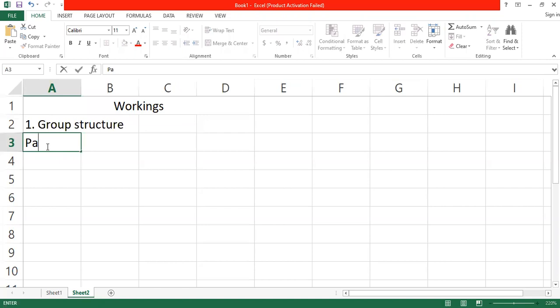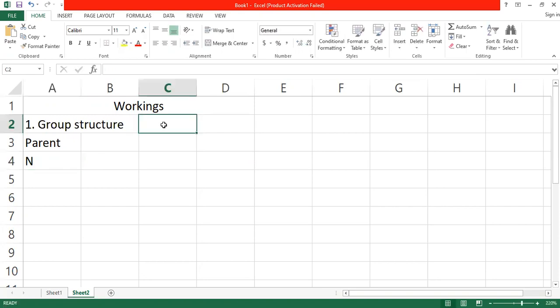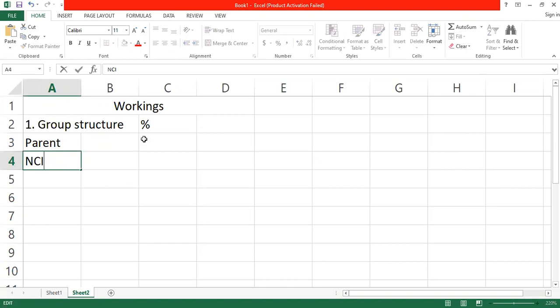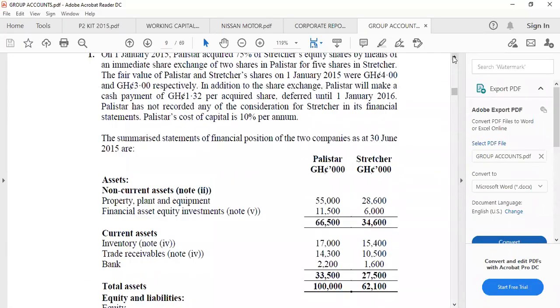So the parent and the NCI, isn't it? Yes. Let me show the percentage here. Let's go to the question and see what they are saying there.